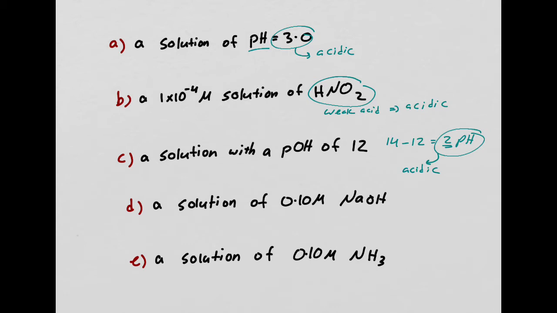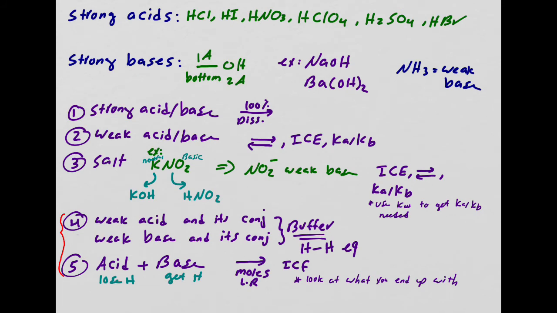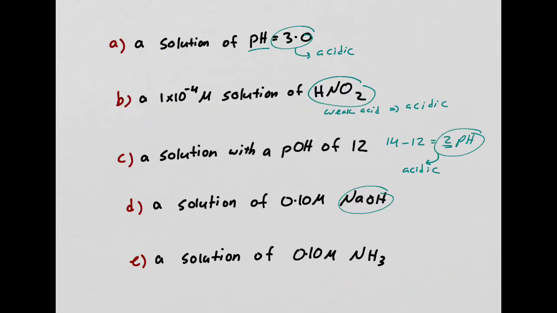The next one, I have NaOH. What is NaOH? Na is from group 1A with the OH. So this is actually a strong base. This solution is basic, not acidic. Okay. The last one, I have ammonia. We talked about ammonia because ammonia is just so common.